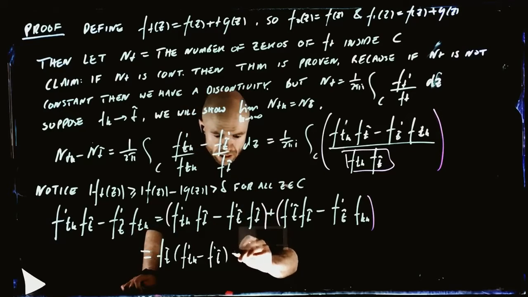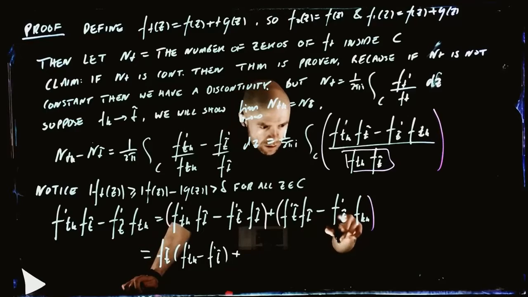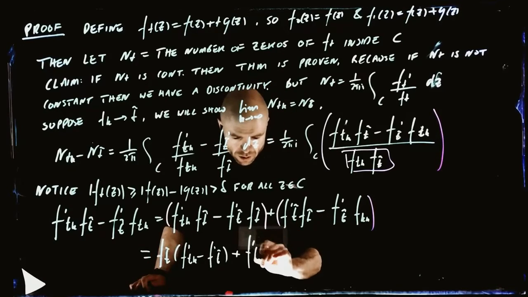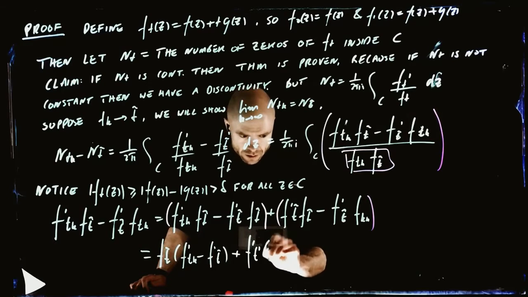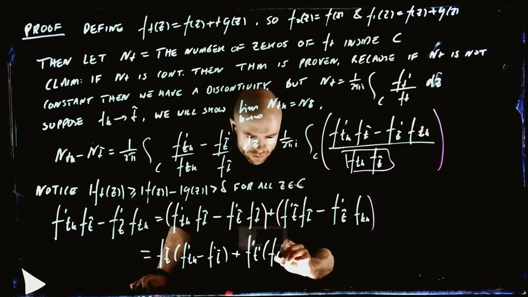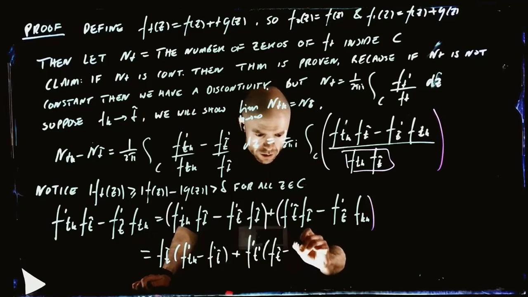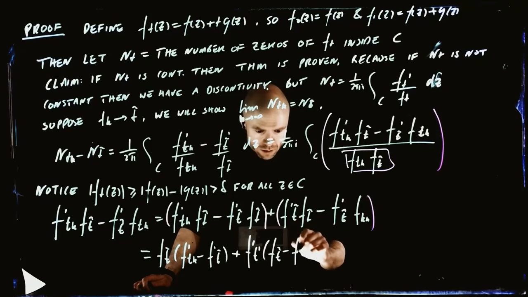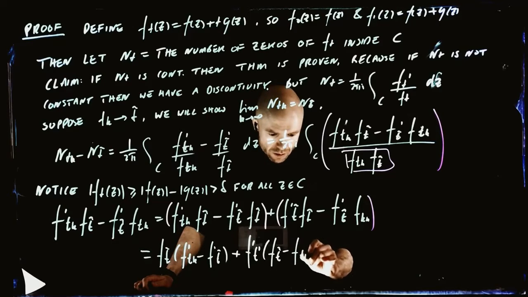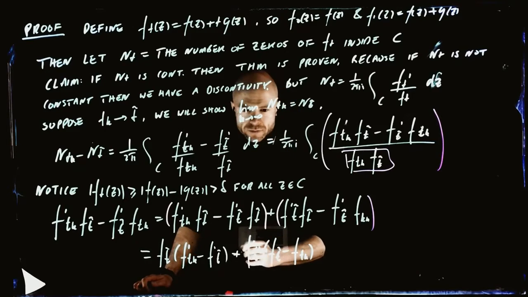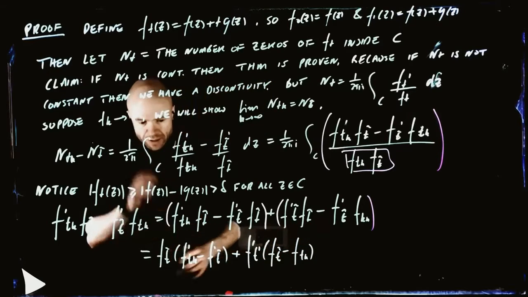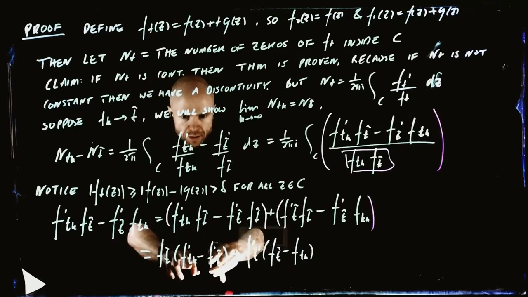Yeah, and then we'll factor out the f prime of t tilde, like this, f of t tilde minus f of tk. Yeah? Cool. And then if we look at this, then these guys are tending to 0.